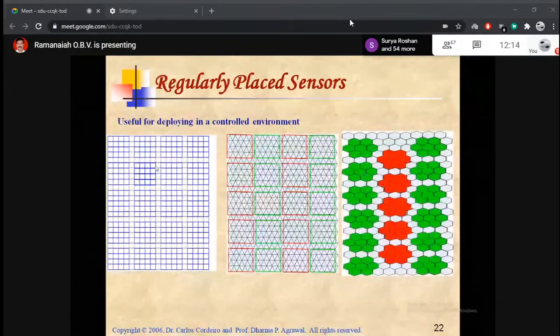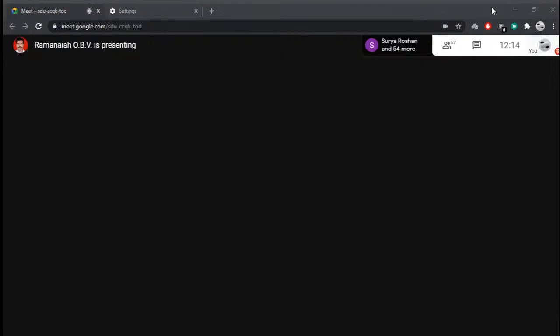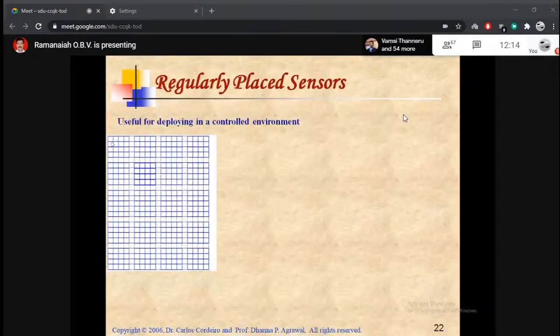In this, at the junction, there is a small square. So at every corner you place one sensor node. This is regular deployment. So there is a pattern, right?